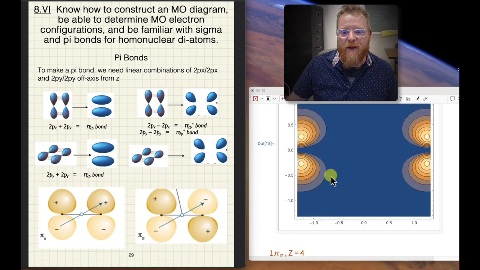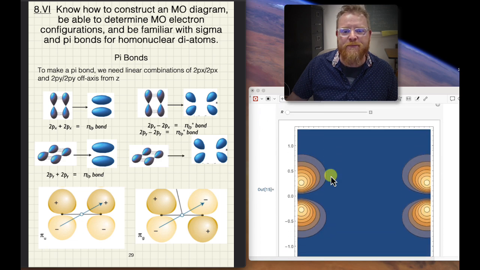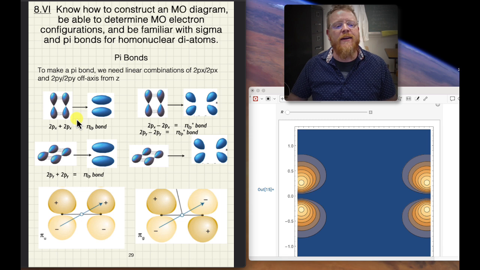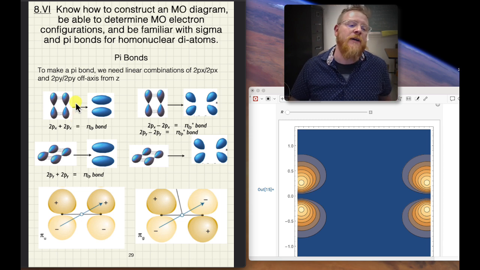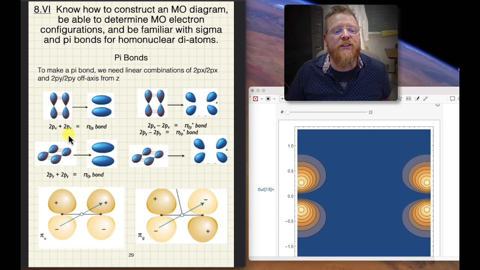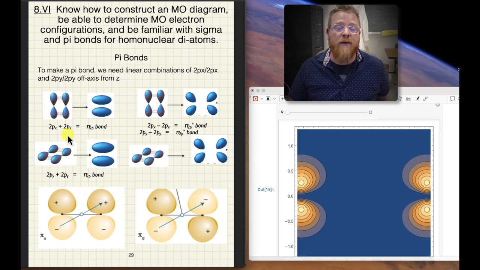So I'm going to scroll up here on my Manipulate, and we'll get into that. When we make linear combinations of 2pz, as noted, it makes a sigma bond. Well, if we make linear combinations of 2px or 2py, we make pi bonds, very similar to what we talked about in valence bond theory.